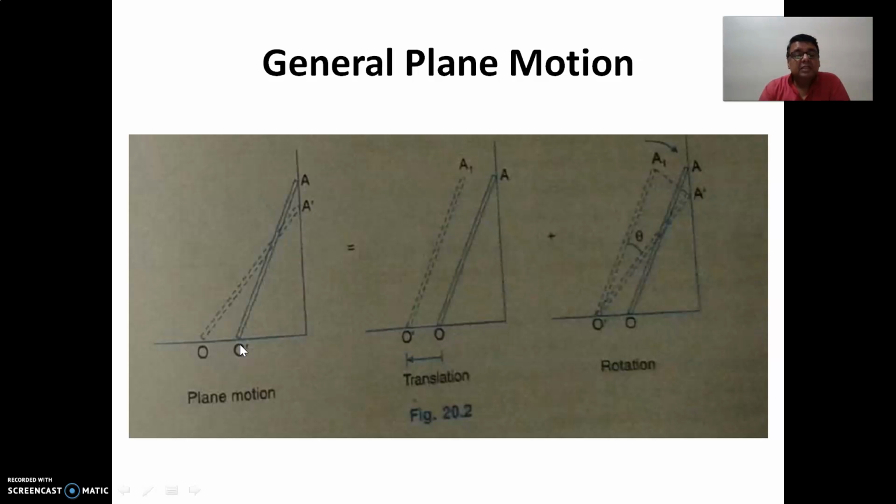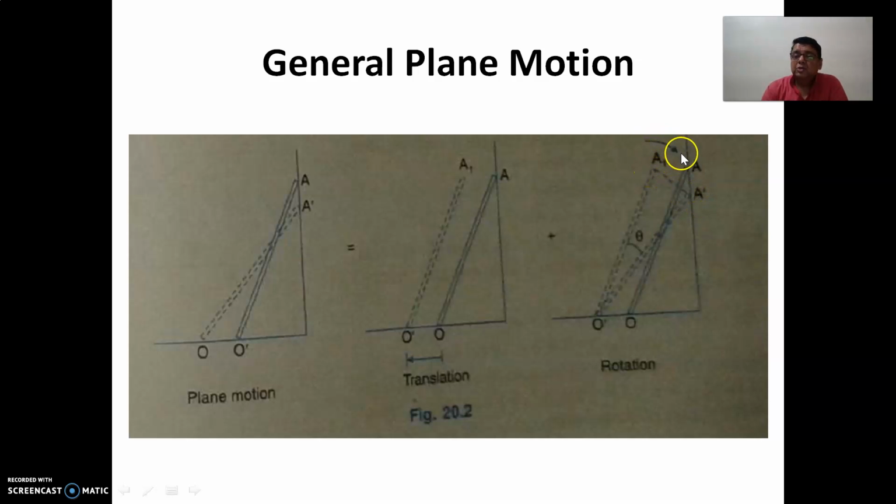See, we can always split this into two ways. Translatory motion, that means if the ladder in this shape only can be translated to this side, then in the second stage it will revolve or rotate from A1 to A dash.